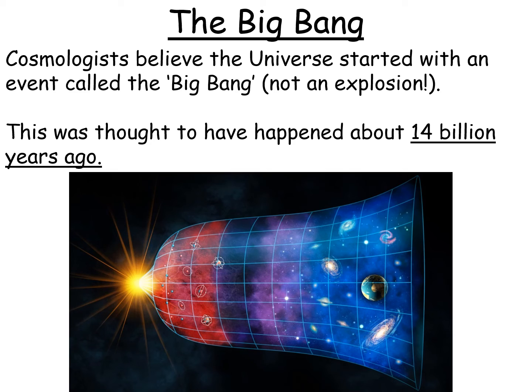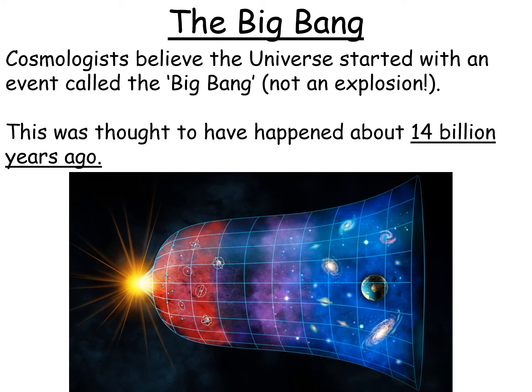From the calculations, astronomers are able to say that they suspect the Big Bang happened about 14 billion years ago. To put that into context, dinosaurs died out 65 million years ago. We've probably been on planet Earth for about 10,000 years.